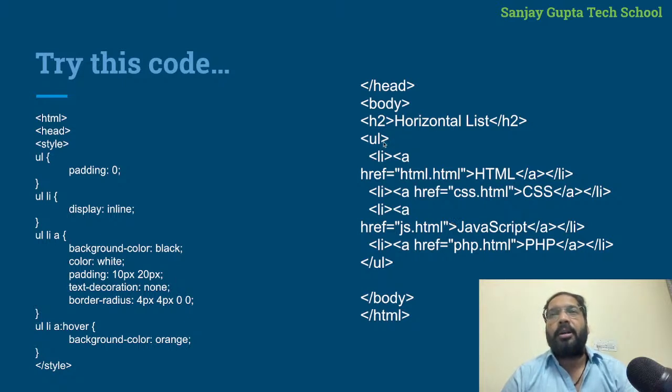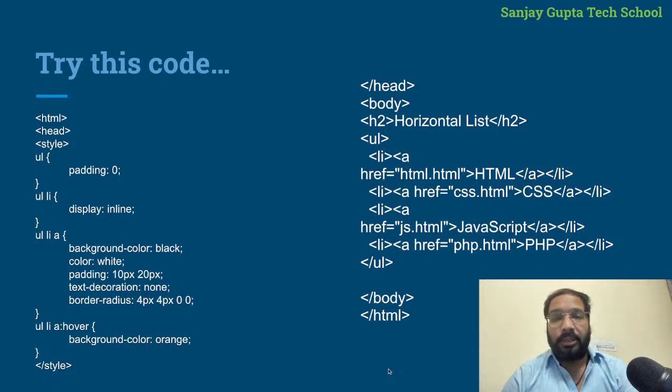Then we have an unordered list. Inside that we have a list item, and the list item has an A element with the href and text. Then one more li with one A element, then one more li with another A element, then one more li with one more A element. This way 4 list items are available under this unordered list.